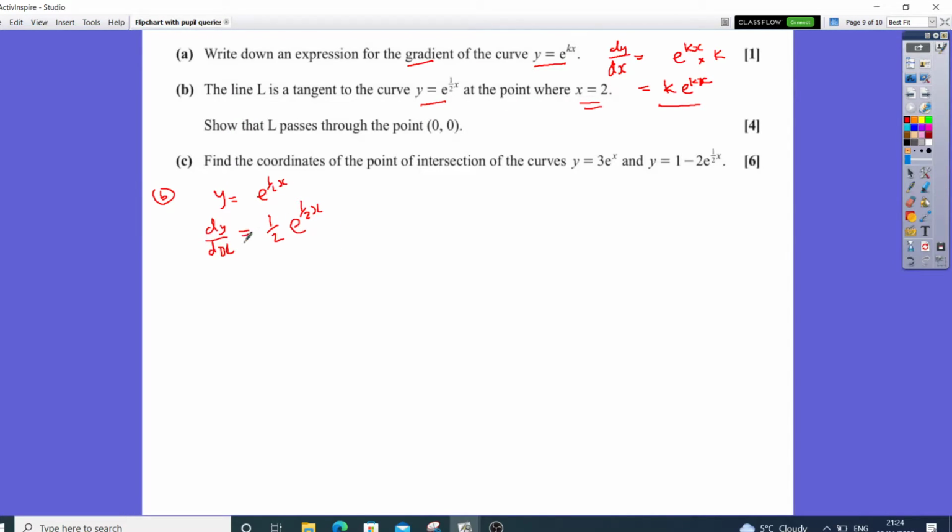Now, if you got that as your gradient, it goes here, L is tangent to that at that point.